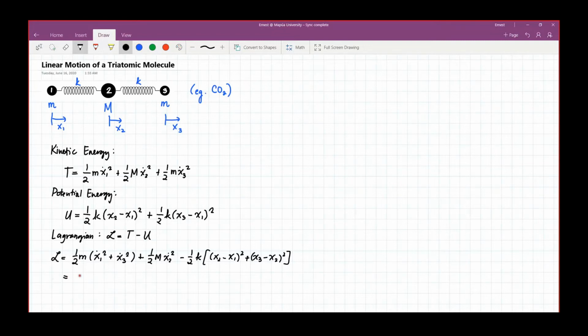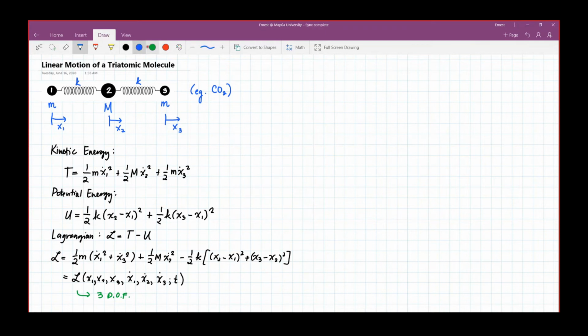As you will notice, this Lagrangian is a function of x1, x2, x3, x1 dot, x2 dot, and x3 dot, and all are functions of time, which suggests that there are 3 degrees of freedom, which is what we expected earlier. As an exercise, which you can do later, determine the equations of motion given this Lagrangian.